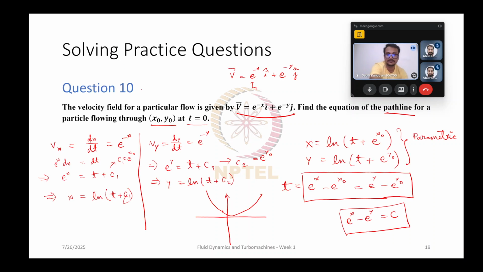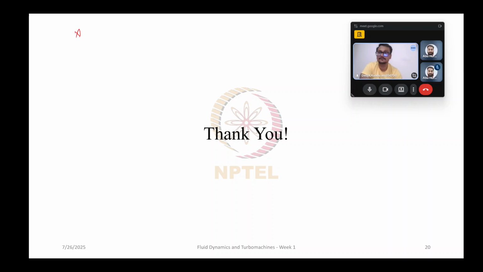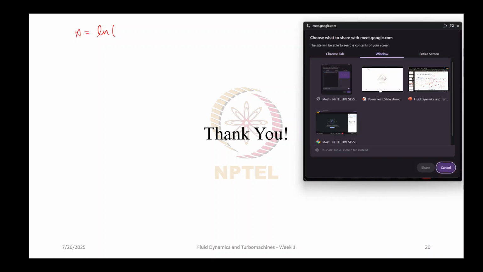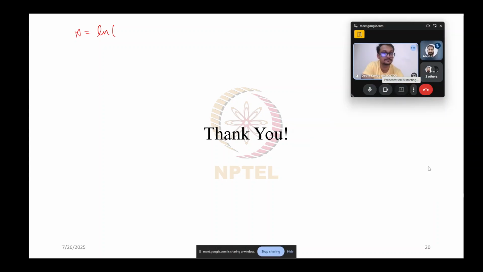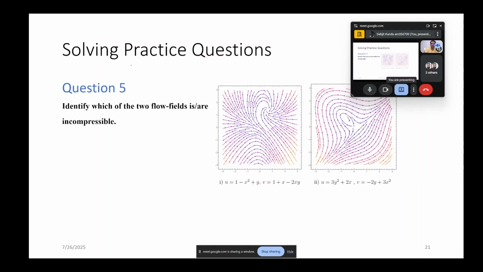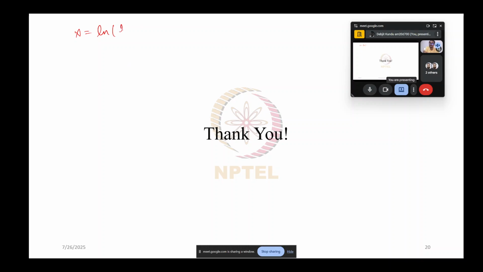So basically, let's take these two things: x equal to log of t plus c1 and y equal to log of t plus c2. So x is log of t plus some constant, y is log of t plus some constant.